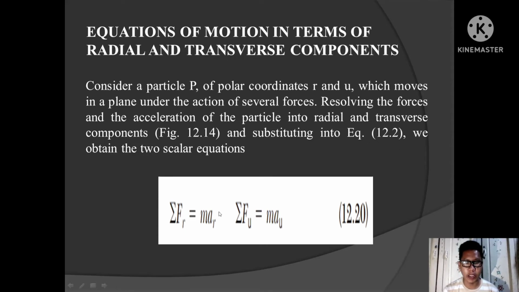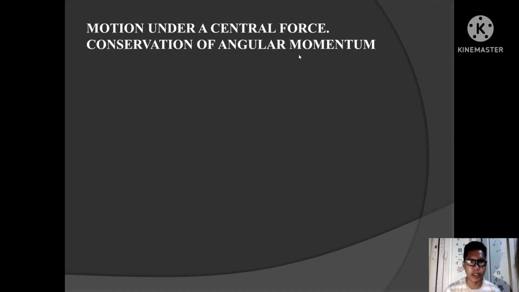The summation of forces in the r direction is equal to mass times acceleration in the r direction, and the summation of forces in the θ direction is equal to mass times acceleration in the θ direction. So these are the two scalar equations that could be used in the equation of motion in terms of the radial and transverse components.